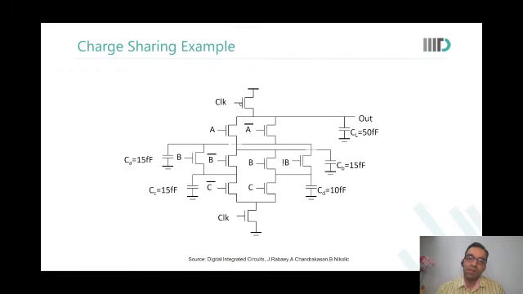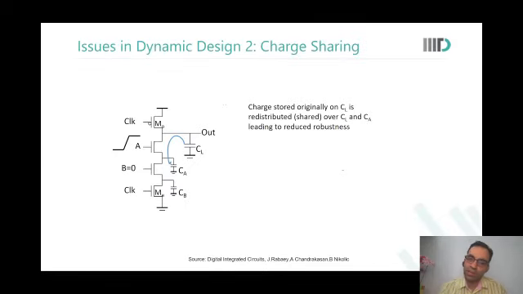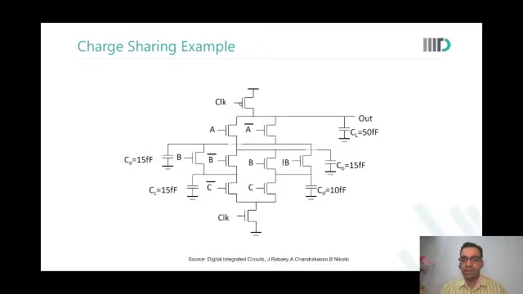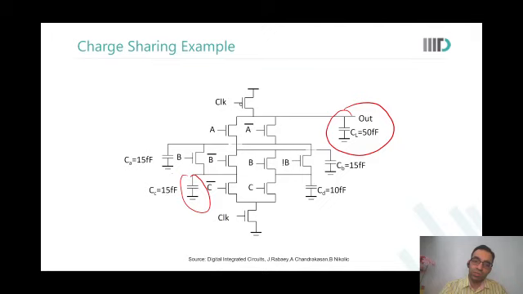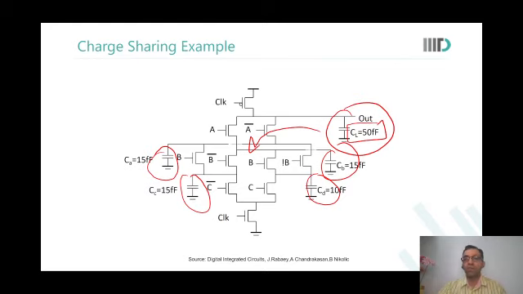Yes, sir. So what do you do? Then again, you put level restorers. Now in this particular gate, it does not look very complex, but look at this gate. There is some CL, which is 50 femtofarads, and there are these large internal capacitances also. So if you really end up using this 50 femtofarad capacitor to distribute its charge all over the place, you may actually come to as low a value as VDD by 2.